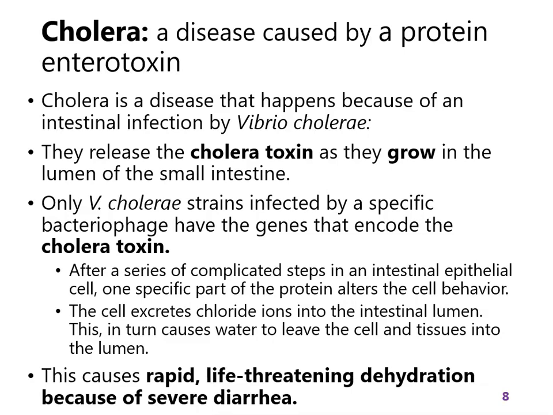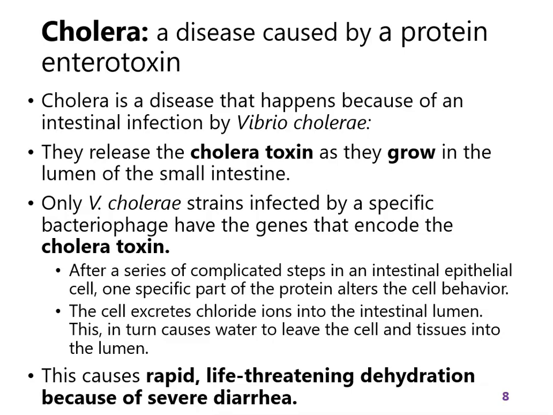It reprograms the activities of epithelial cells in the small intestine, and those cells end up pumping water into the lumen of the small intestine. Instead of absorbing it, they release it. That can cause severe diarrhea, which in turn can cause severe dehydration. And a bad case of cholera can rapidly kill a person, I believe in 48 hours.